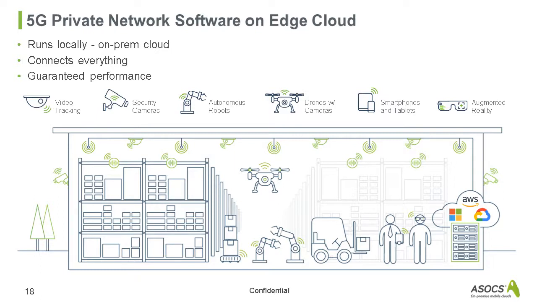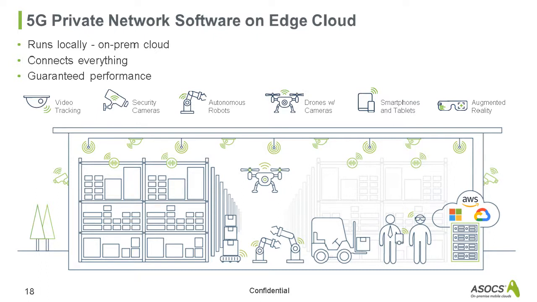So other than the physics of open radios, which, as Marco has mentioned, are now at the price point of Wi-Fi hotspots, if not below, because of their ability to distribute larger spaces than Wi-Fi hotspots, it's really about the software.